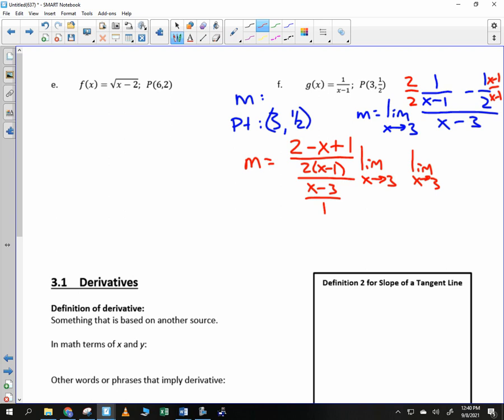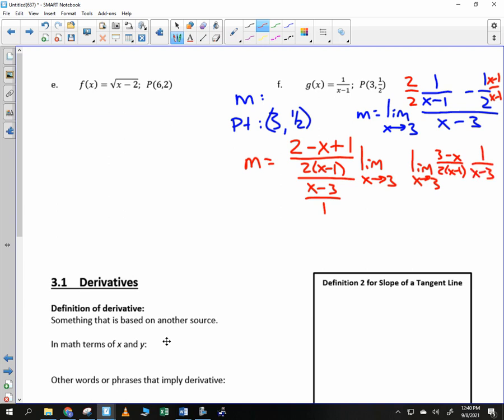Negative x plus 3, or 3 minus x, over 2 times x minus 1. And instead of dividing, I can multiply by the reciprocal, and you have 1 over x minus 3.